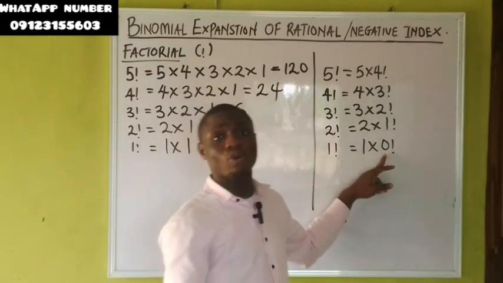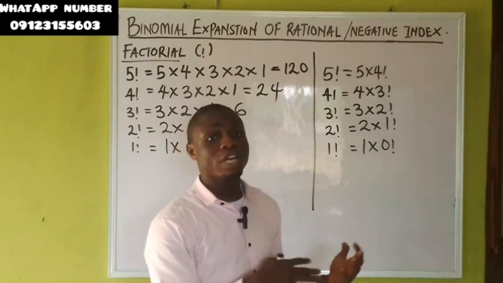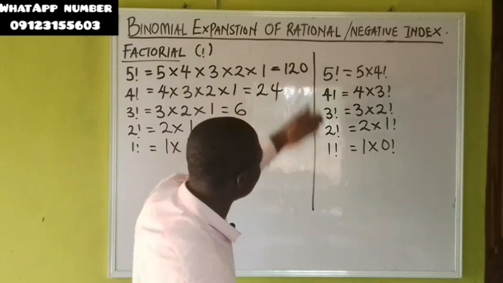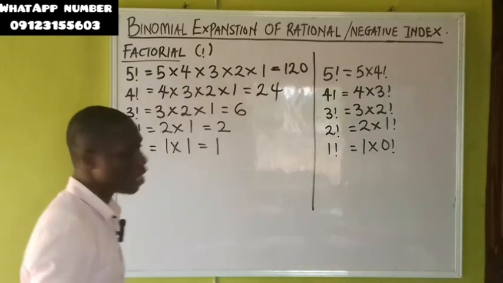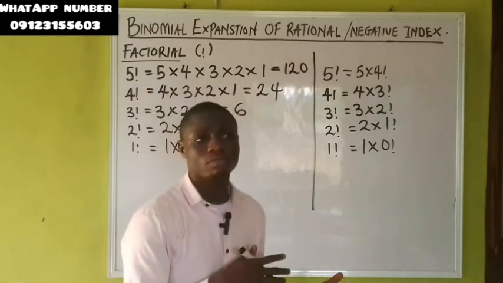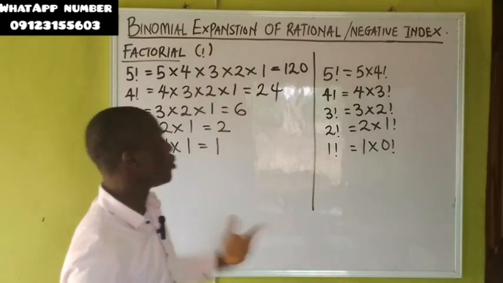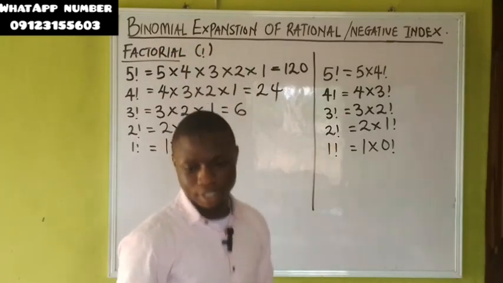You can take a calculator and punch 0 factorial, you have 1 as your answer. So here is the relationship between factorials. Now let's start the idea of binomial expansion of rational and negative index.